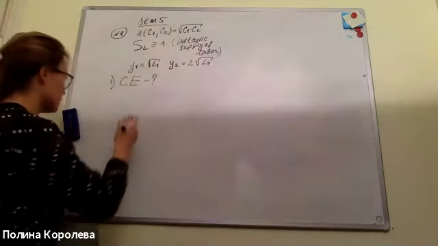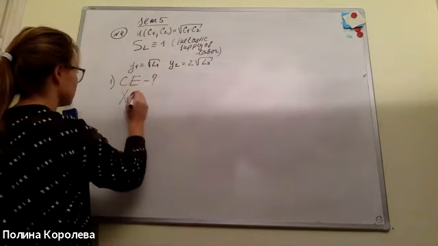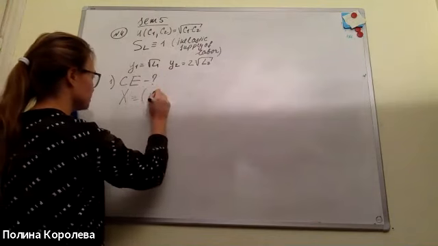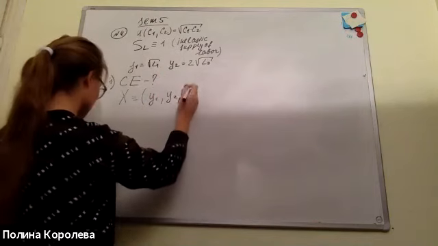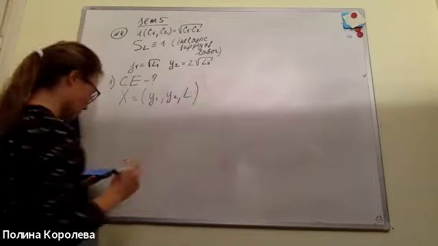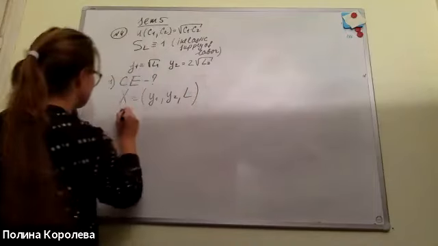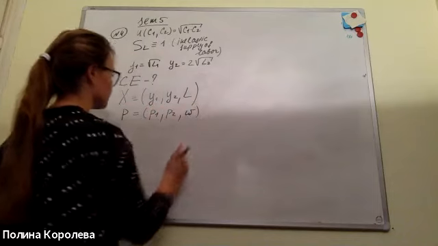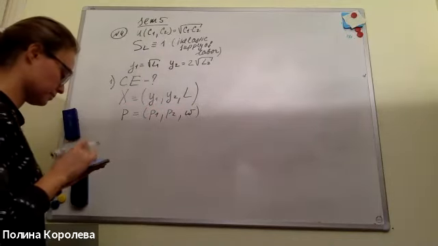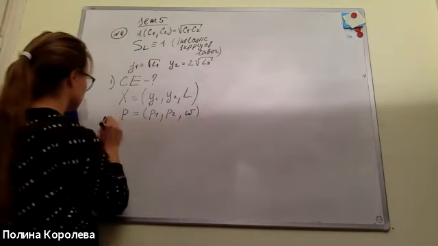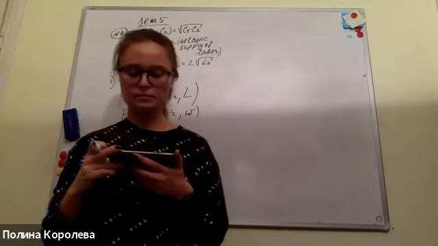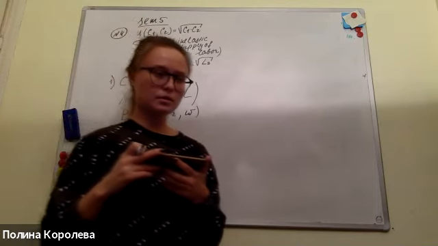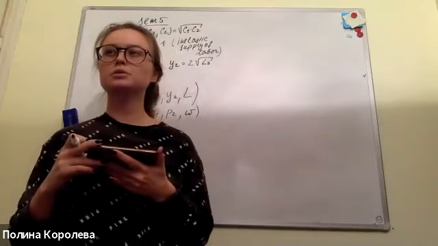So the competitive equilibrium will be the allocation: the equilibrium quantity of good 1, the equilibrium quantity of good 2, and the equilibrium number of workers, labor, and the price vector: the price of good 1, the price of good 2, the price of labor, which is the wage, such that demand in each market should be equal to supply in each market.